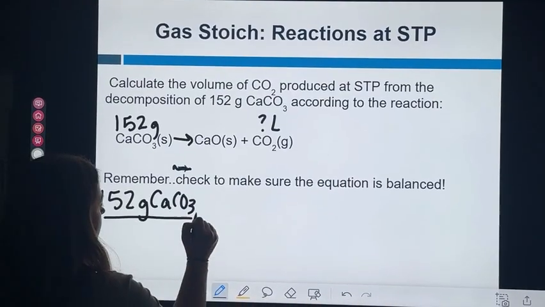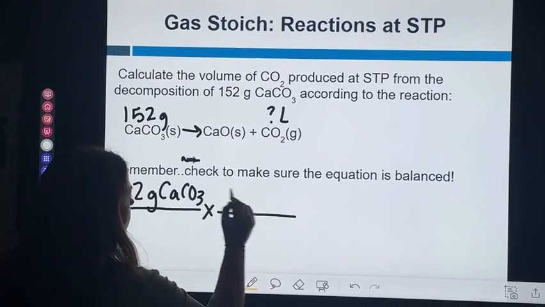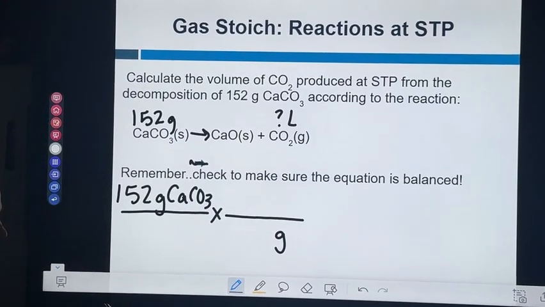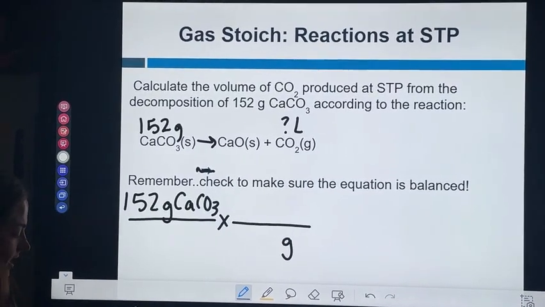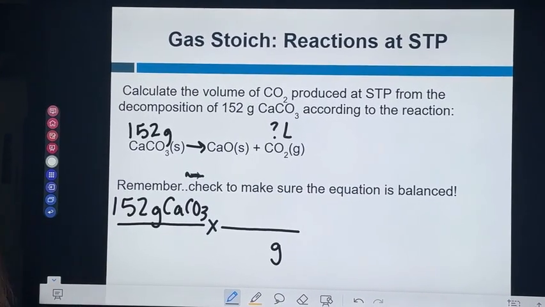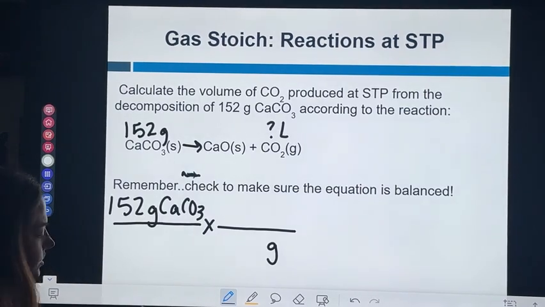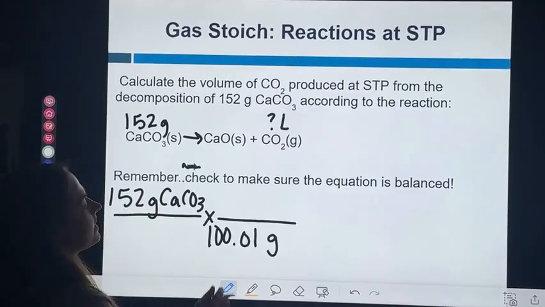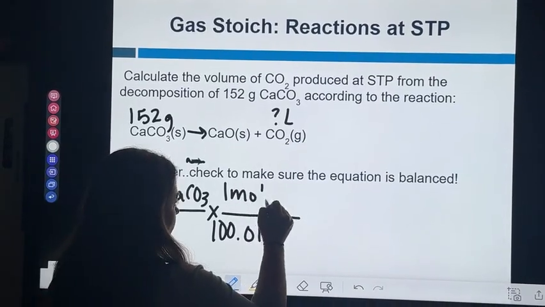CaCO3. Since you have grams at the top, you need grams at the bottom. So you need to get that formula weight from the periodic table. You have 3 oxygens plus carbon plus calcium, which is about 100.01 grams, and that is equal to 1 mole.